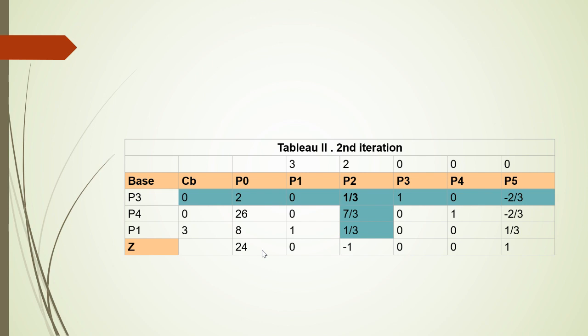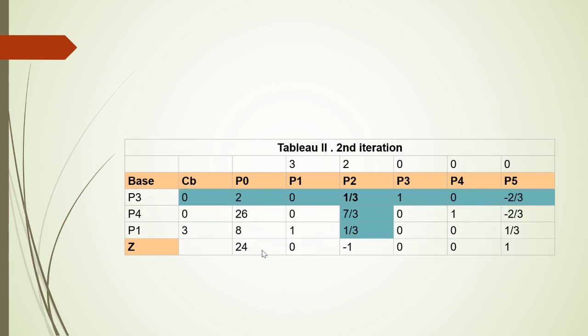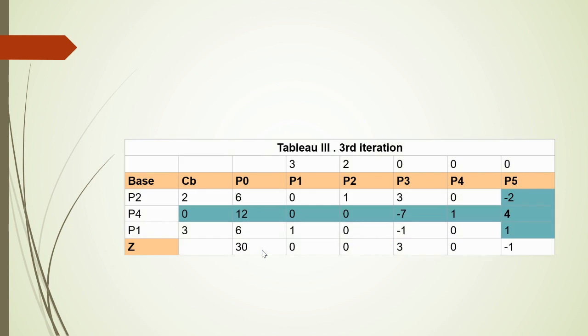This row is leaving, so we divide this row by 1 by 3. So 2 1 by 1 by 3, we get 6, and 1 by 3 by 1 by 3 we get 1, and 1 by 1 by 3 we get 3, and this is how we get this row. And the other two rows we get by using the formula as we have discussed earlier.